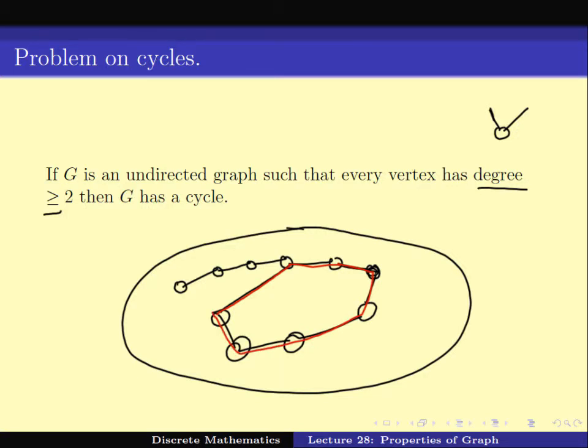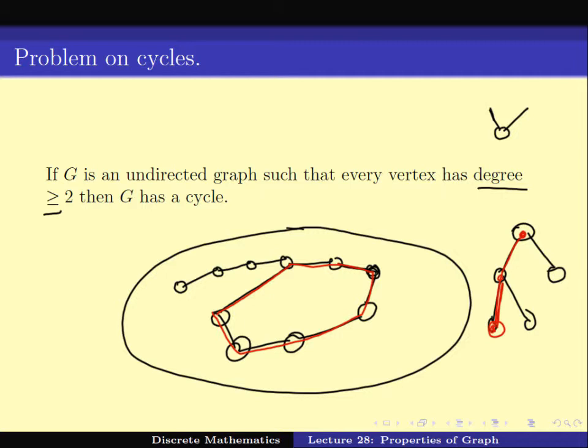Right? So let's try to prove it again by looking at a graph which does not have a cycle. Say, for example, this graph does not have a cycle. Now here the thing is that if I start walking from here, I could go here, then go here. But now I have to retrace my path on the same path, which is unfortunately what I don't want to do.